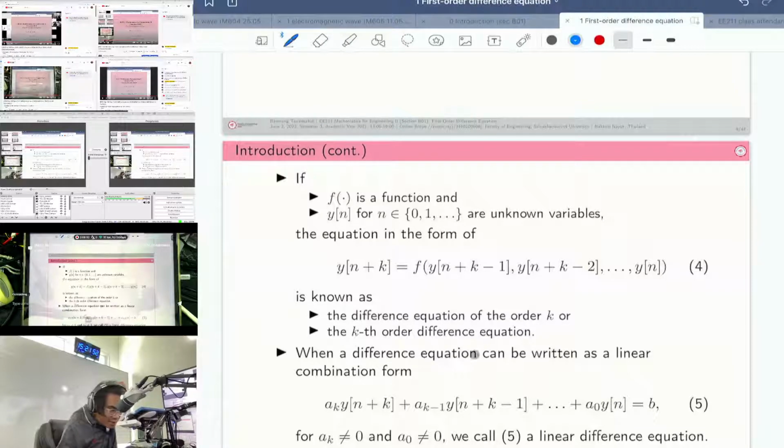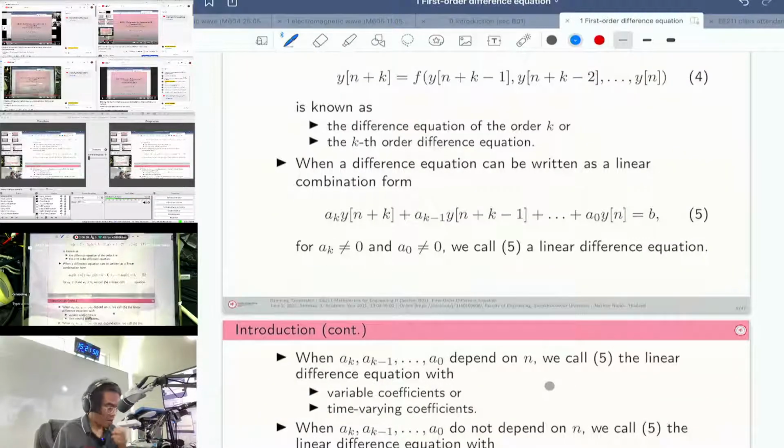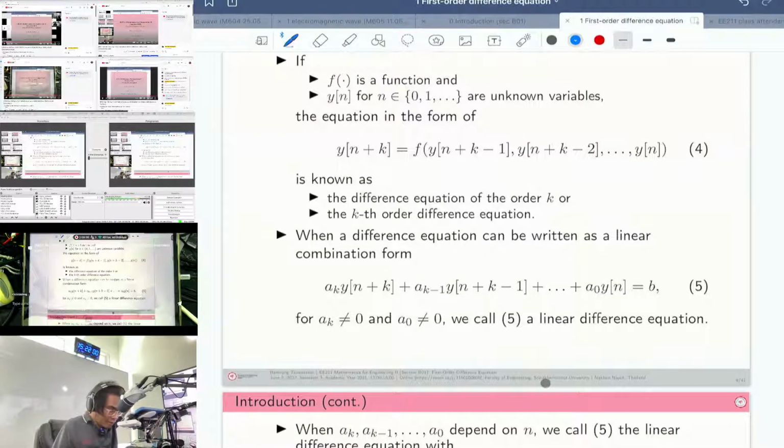When a difference equation can be written in linear combination form, we have a linear difference equation. If you express them by a_{k-1} down to a_0, we also say it's a linear difference equation, because it's a linear combination.